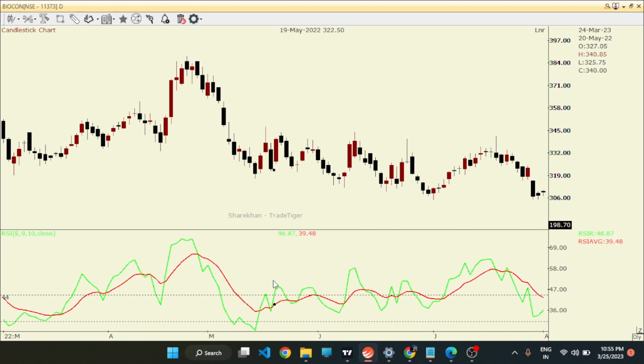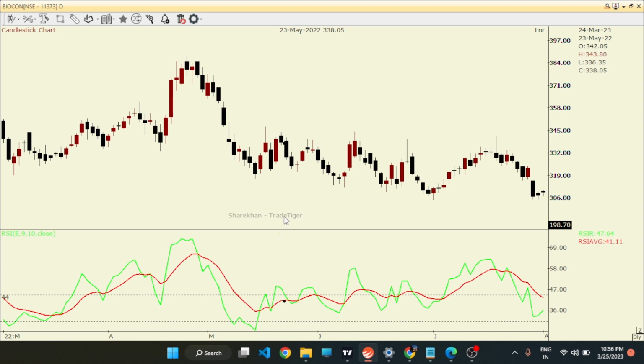Next day, as the market opened, our SL was hit. So this is one trade lost, and next day it gave another entry on 20th May. Candle closing was at 340 and its low was 325. It's a 15 points SL.